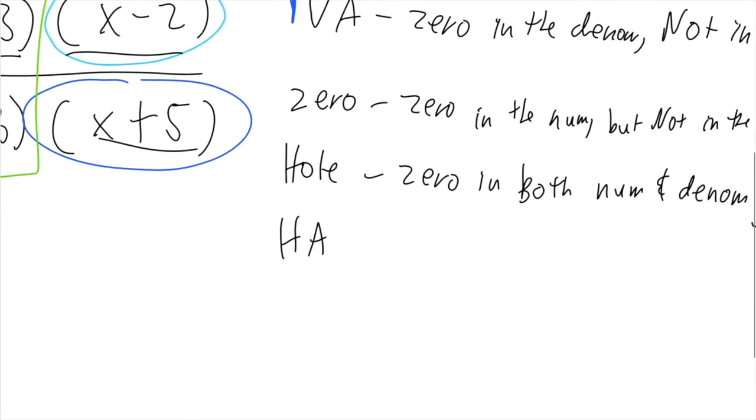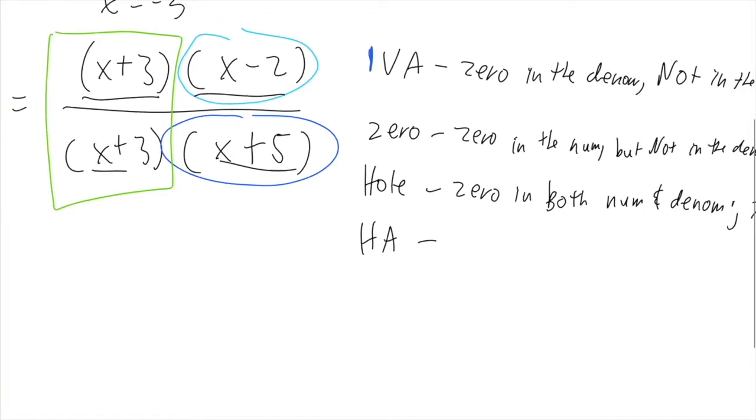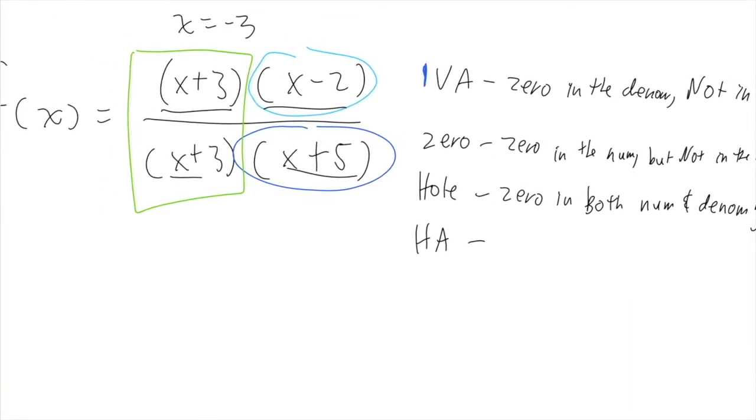And then there's a horizontal asymptote, and if you don't remember how to find horizontal asymptotes, it's just taking the highest power in the numerator and the highest power in the denominator and dividing them. If there is a higher powered x term on the top, say it comes to be x over 2, there's going to be no horizontal asymptote. And if you get something like 2 over x or 1 over x or anything over x, then it's going to have a horizontal asymptote of 0.